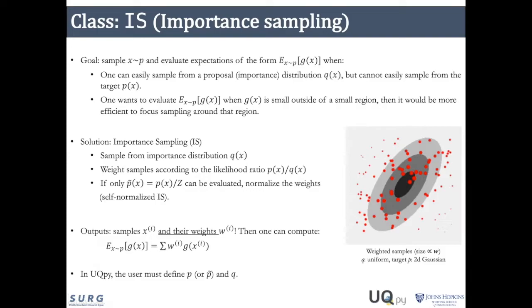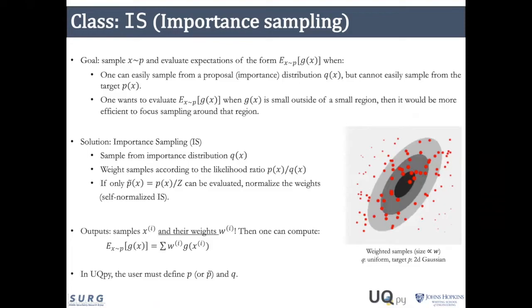Another place where it might be interesting is if you want to compute an expectation over the random variable X, but you know that your function is very small outside of a small region. What you would want to do is focus your sampling around that region, so you sample from a different distribution than your actual target PDF.